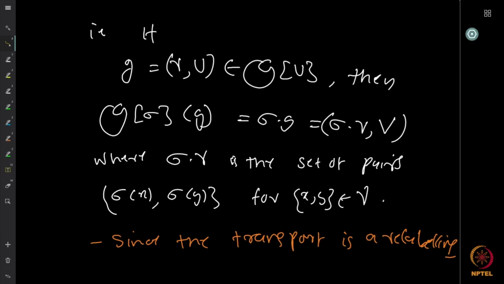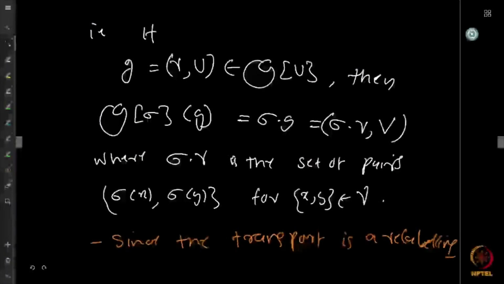Therefore, one can feel that G of sigma, the transport of sigma, is basically a bijection also, and this also tells you that the cardinality of G of U, or the cardinality of F of U for any species F, only depends on the cardinality of U. It does not depend on what the elements of U are, or what their names are. G of U and G of V depend only on the cardinalities of U and V.